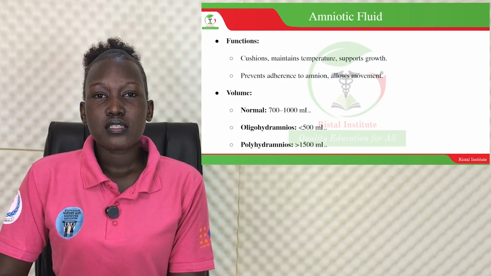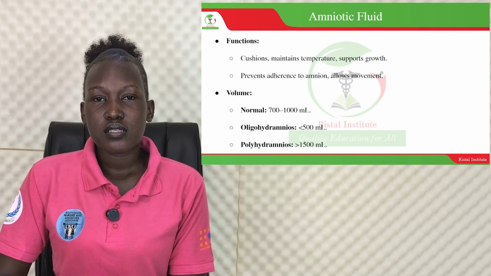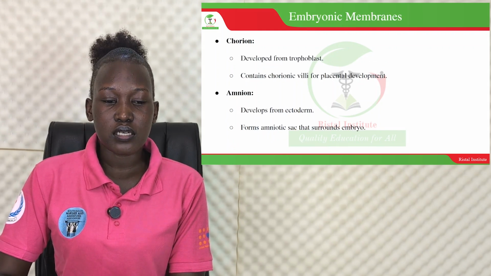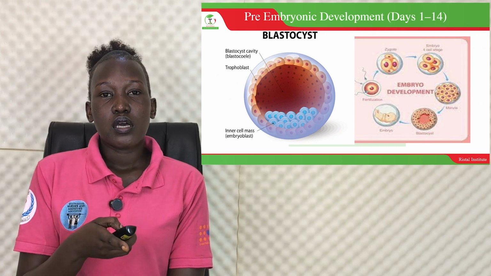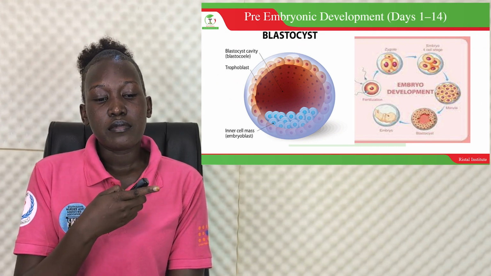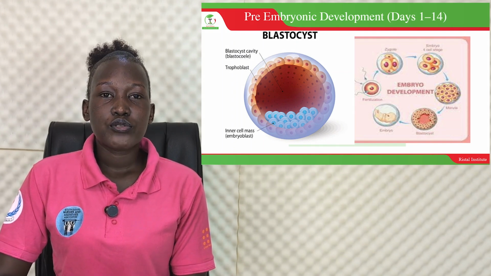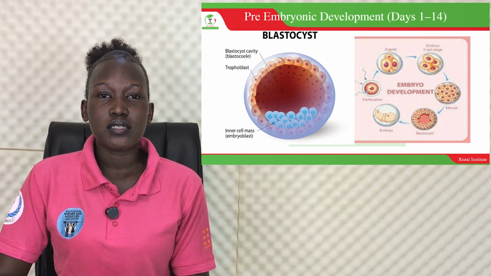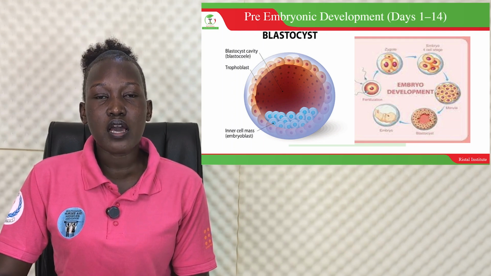So ions like sodium and chloride accumulate in the blastocyst cavity, or the blastocoel that we talked about. Let me show you this cavity. As you're able to see, this is the blastocyst cavity. So this cavity is formed so that there would be filling of fluid inside, and this fluid at this early stage will still be isotonic.